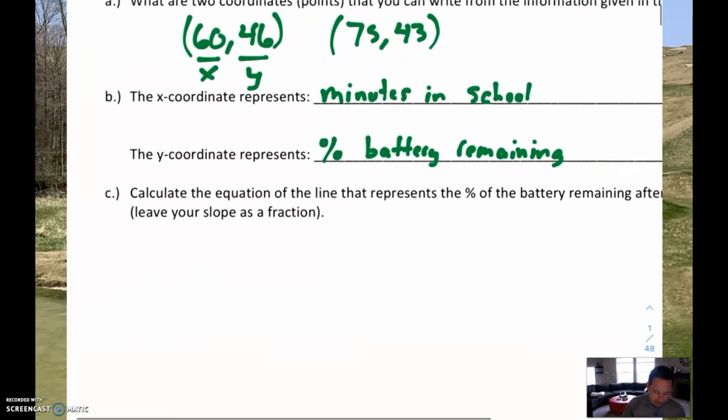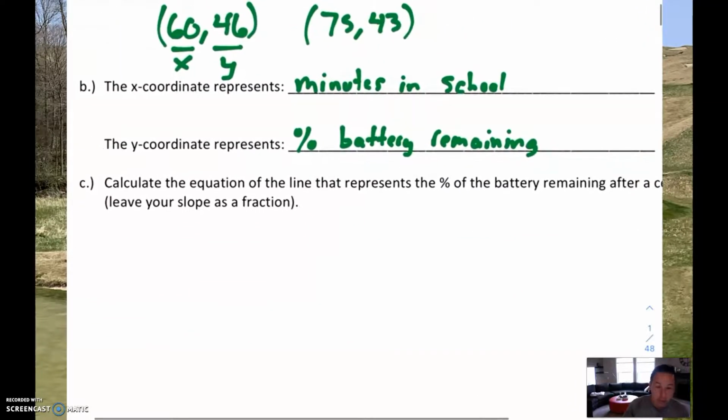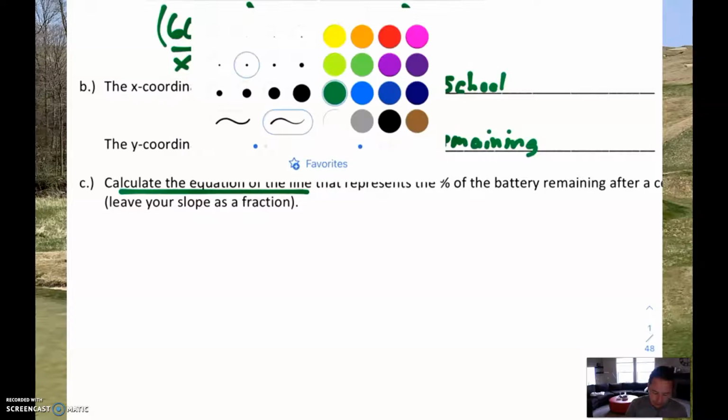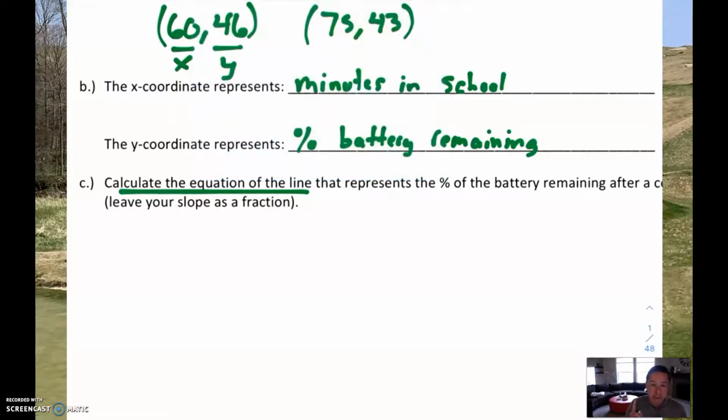Now we get to part C, and this is going to be a big review of what we did in second quarter. This says to calculate the equation of the line that is modeled in this scenario. If you remember, to calculate the equation of a line, we have to find a couple things. First is the slope. Let's start by finding the slope, and that's going to be y2 minus y1 over x2, that's your 75, minus x1.